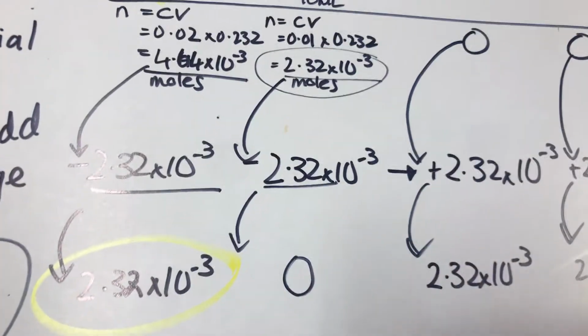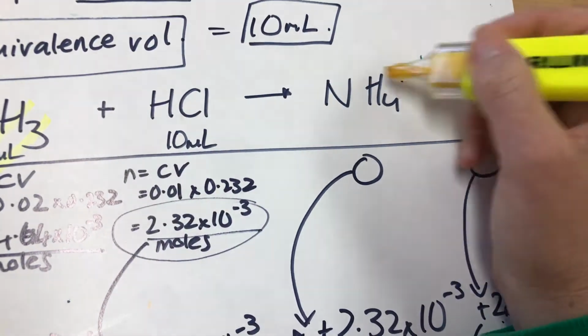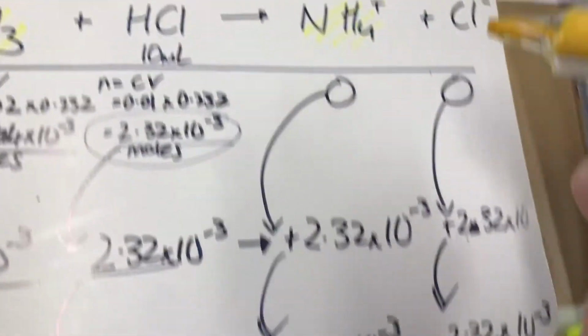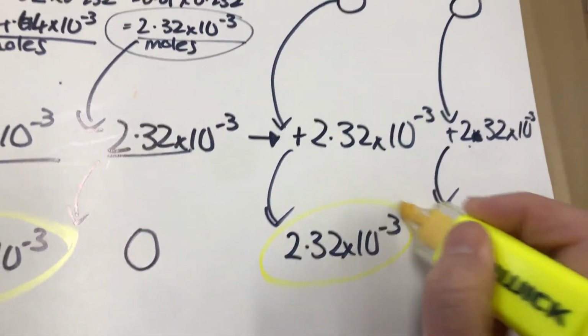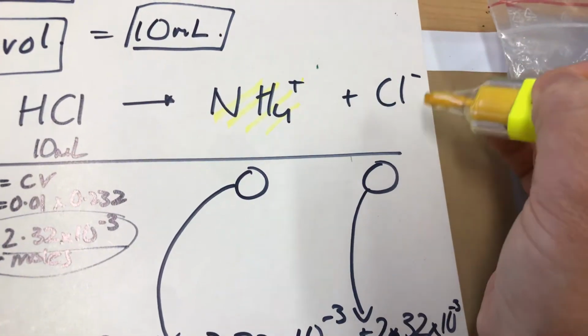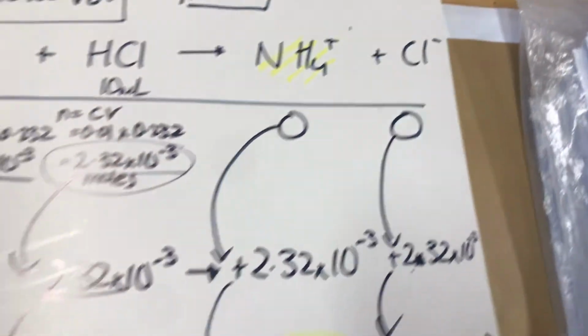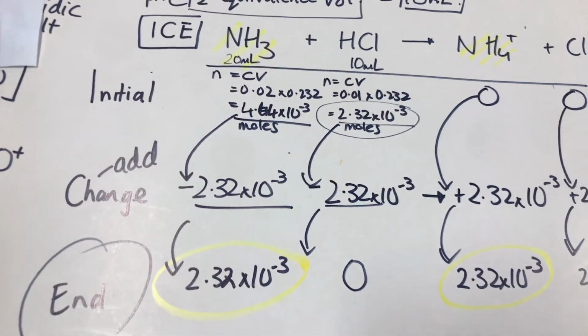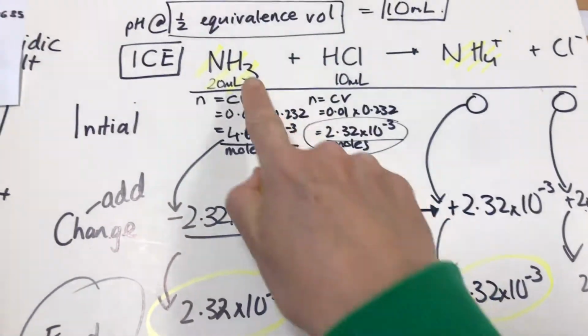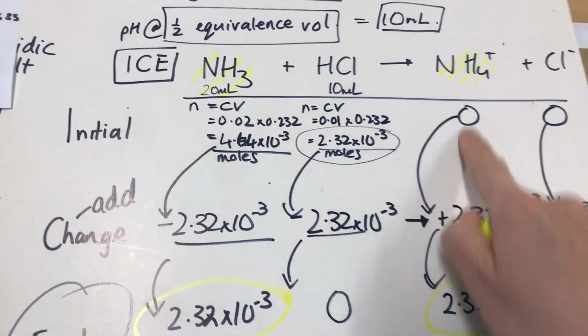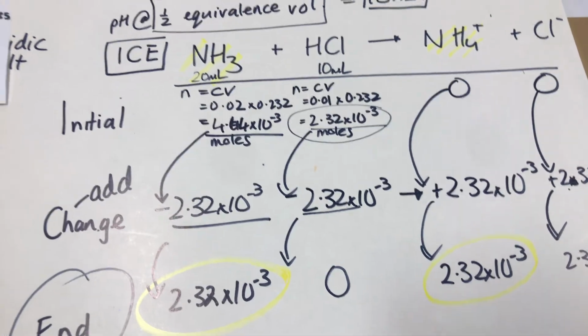However, I don't have any of that. This is an acid, so this is going to affect the pH. And this is not going to affect the pH because remember Cl- does not accept protons. So here's what I've effectively got. I've got some NH3 and some NH4+.